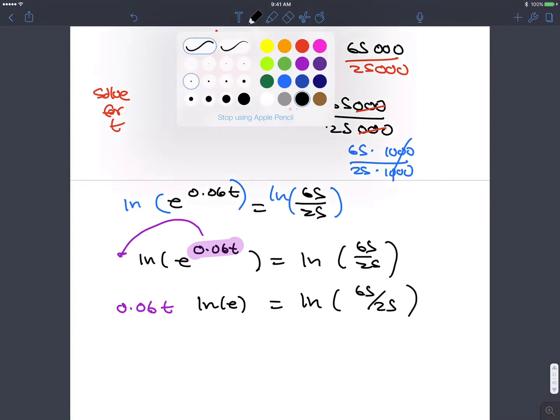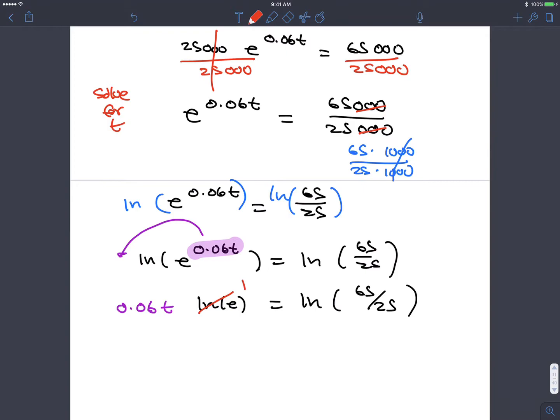And don't forget the natural log of e again is 1. So we have 0.06 t is the natural log of 65 over 25.